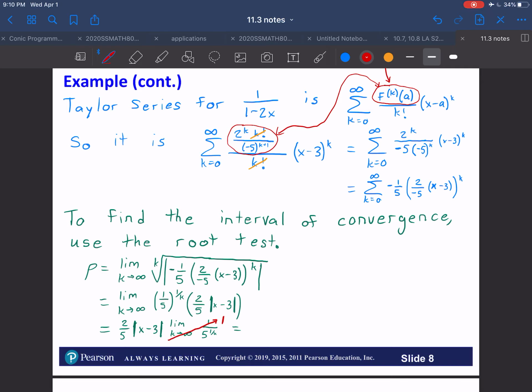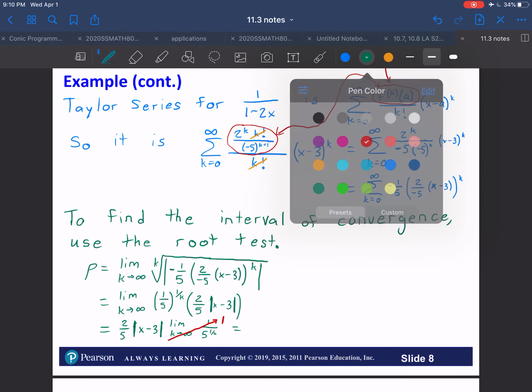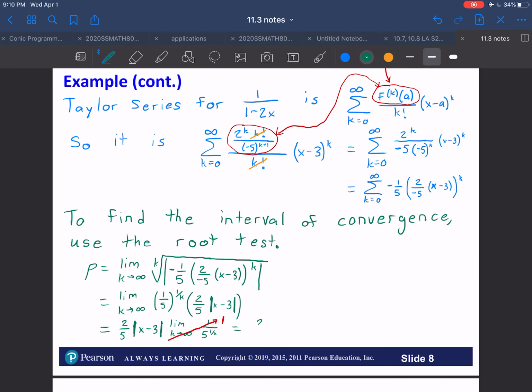Alright, and so we end up with just 2/5 times absolute value of x minus 3. Remember that we must set this thing less than 1 to figure out the interval of convergence. So now set 2/5 times the absolute value of x minus 3 less than 1.